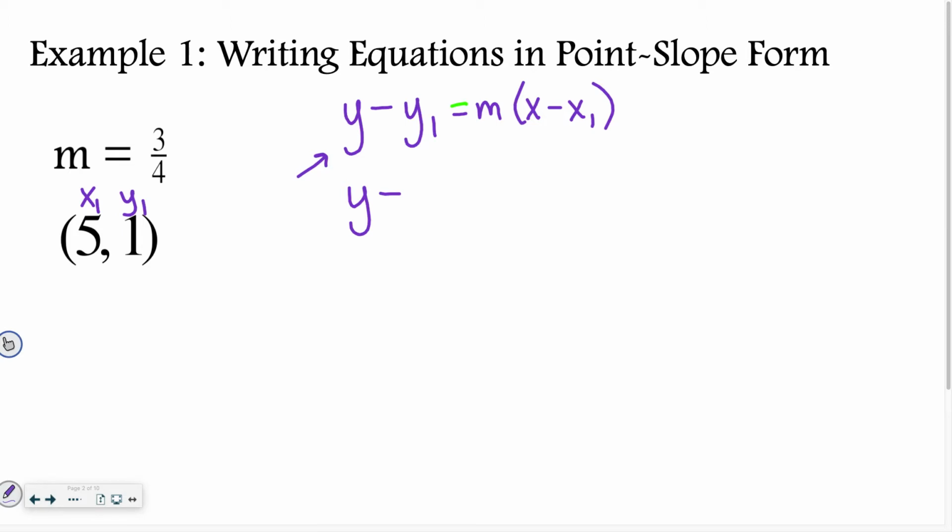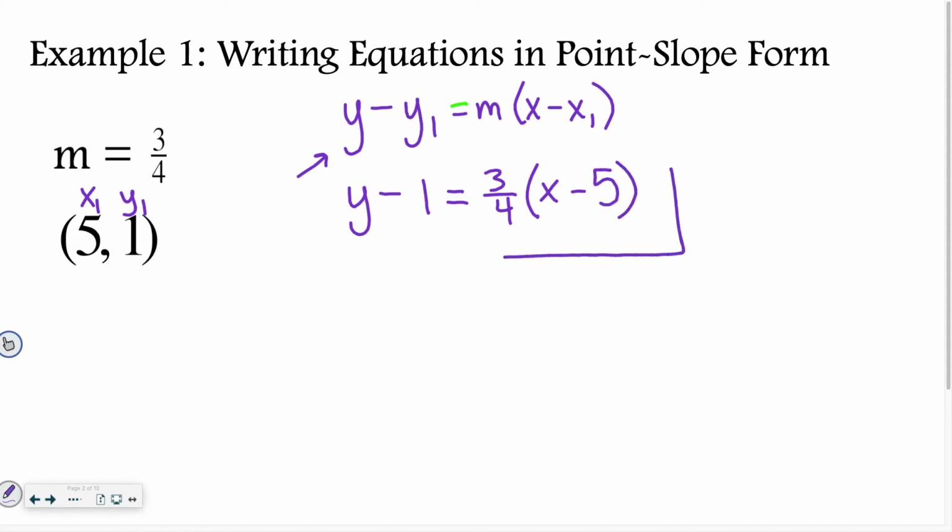So I'm going to say y minus my y1 value, which is 1, equals m. We know m is 3/4 because it was given to us. And then x, the first x doesn't have any number with it. It just stays x. Minus, and then our x1 value is a positive 5. So I'm going to say x minus 5.